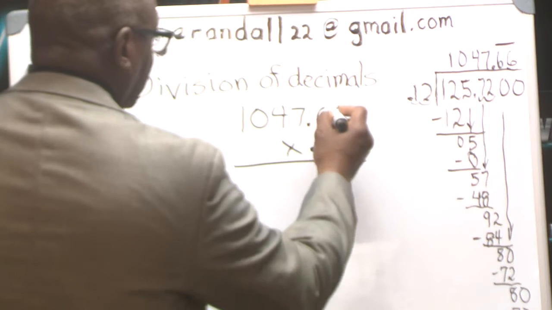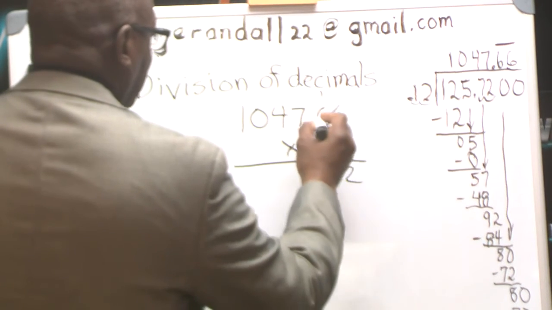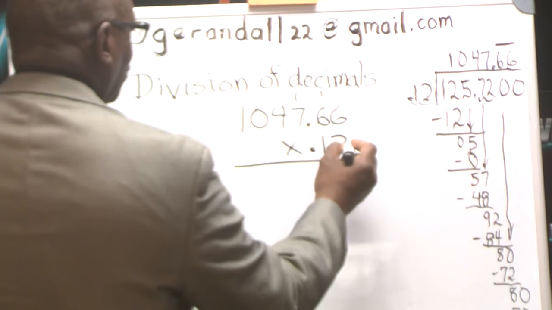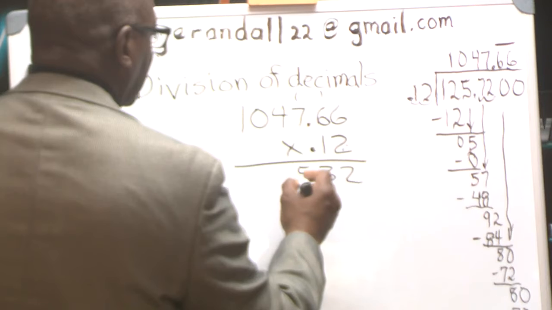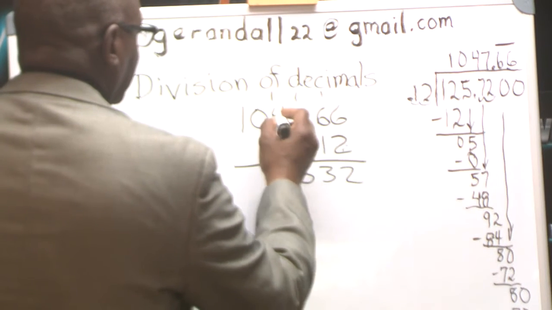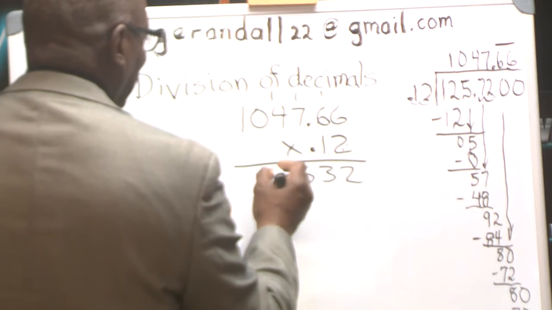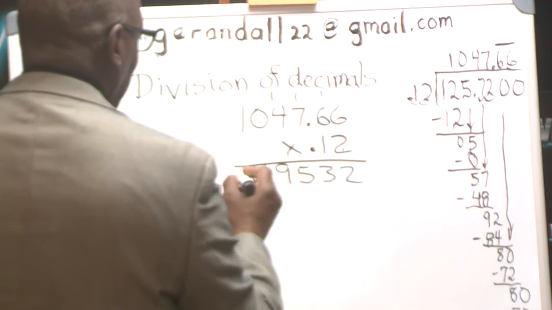Ready? 2 times 6 is 12. Carry 1. 2 times 6 is 12 plus 1 is 13. Carry 1. 2 times 7 is 14 plus 1 is 15. Carry 1. 2 times 4 is 8 plus 1 is 9. 2 times 0 is 0. 2 times 1 is 2.